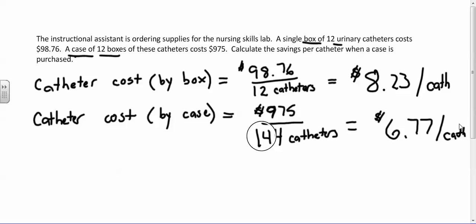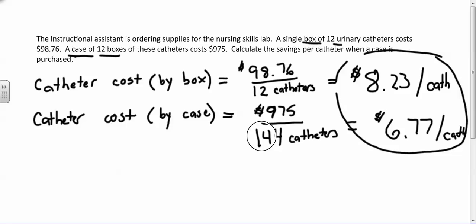Now the question though says calculate the savings per catheter. So here we have the price per catheter. We want to know the savings when you buy it by the case. You notice the case price per catheter is lower. So to find the savings, we subtract.